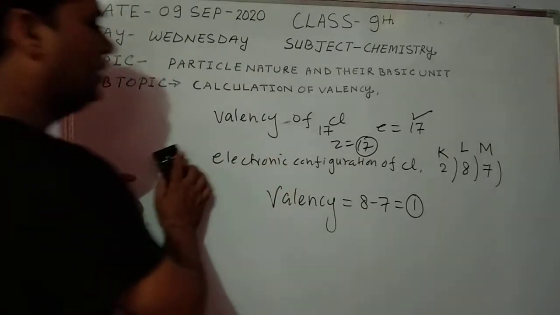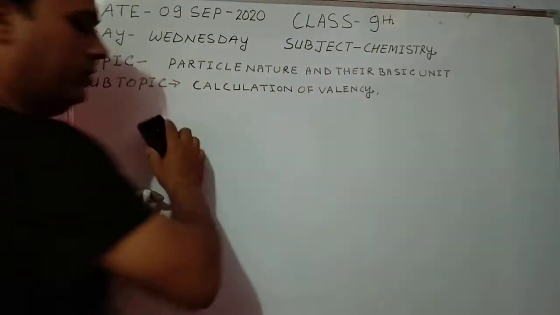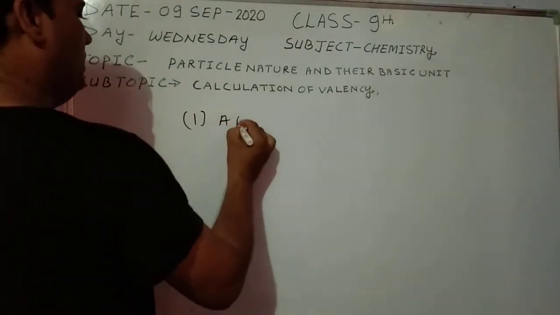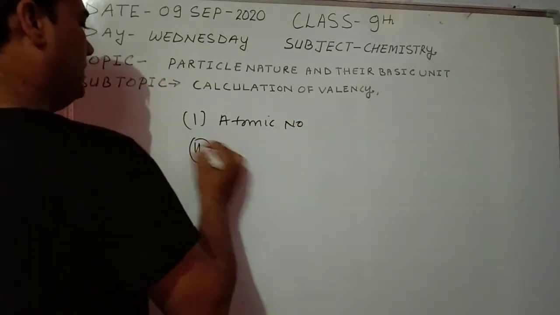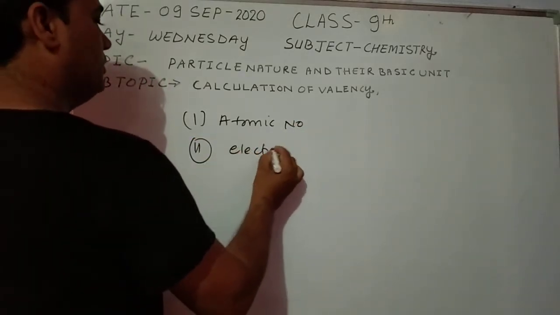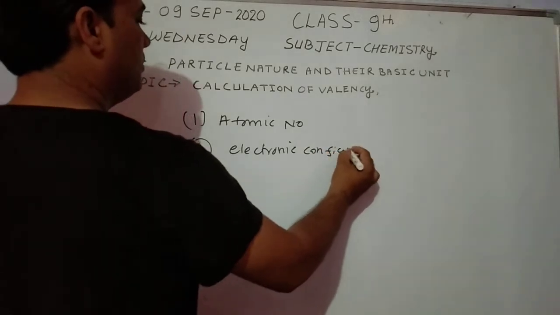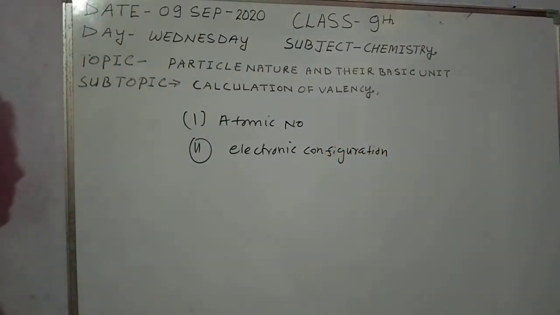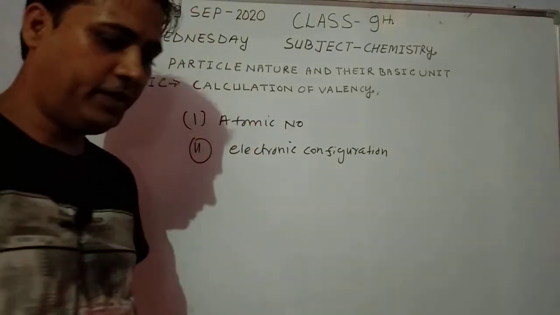So we can calculate the valency of an atom of an element with the help of, first of all, the atomic number, and second, the electronic configuration. So with the help of this particular point, we can easily calculate the valency of a particular atom of an element.